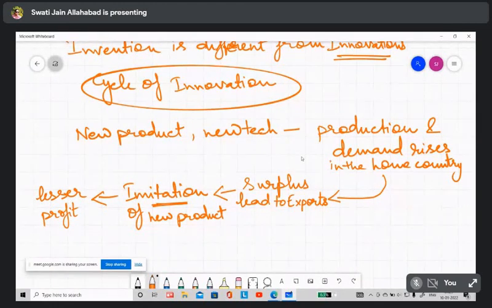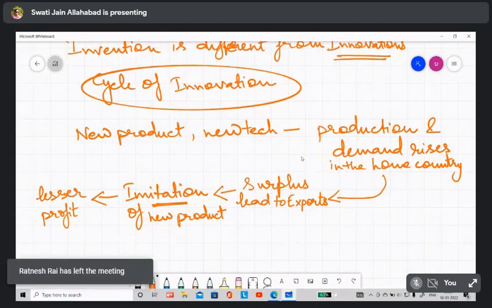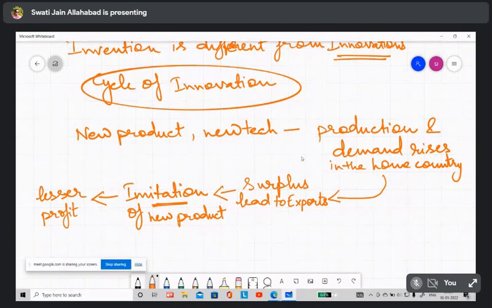Sometimes when a new technology comes in the market, it immediately creates a spurt in the demand. Initially, the demand rises, but then gradually the technology becomes common for everyone. So then there is no new or extra demand for some one person.